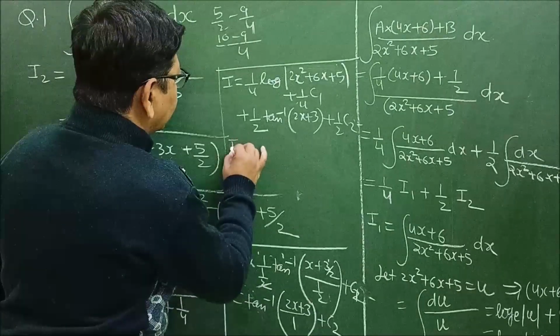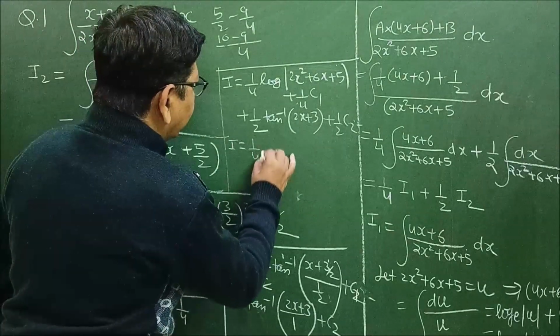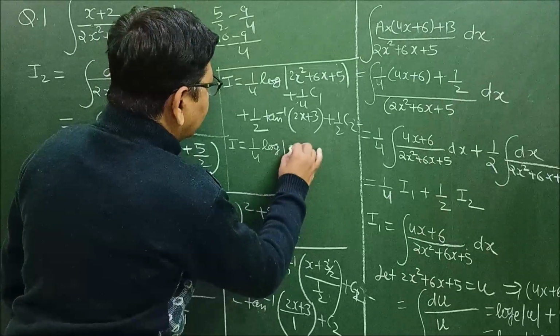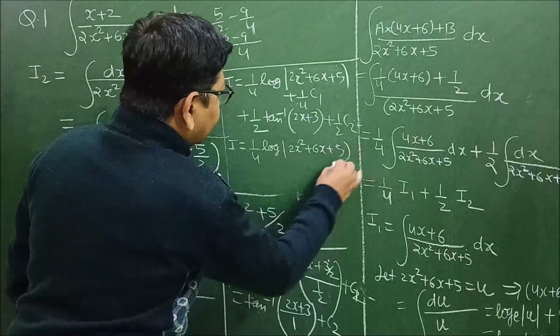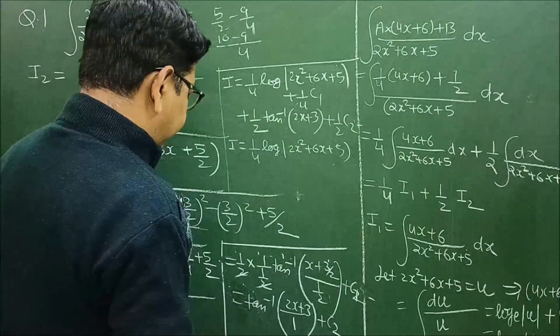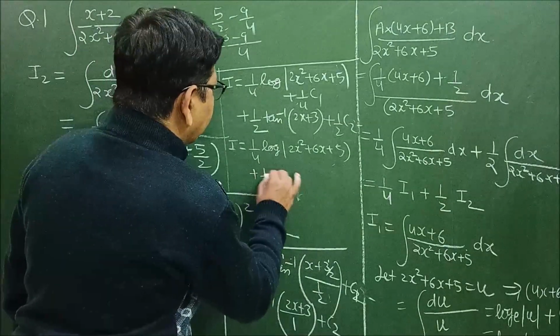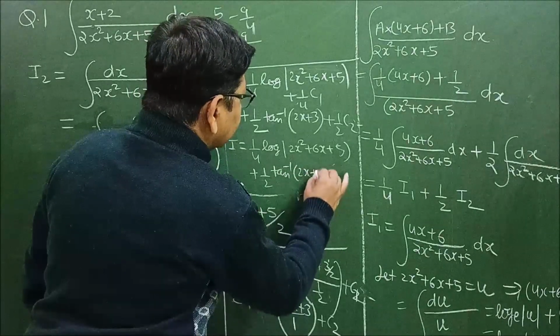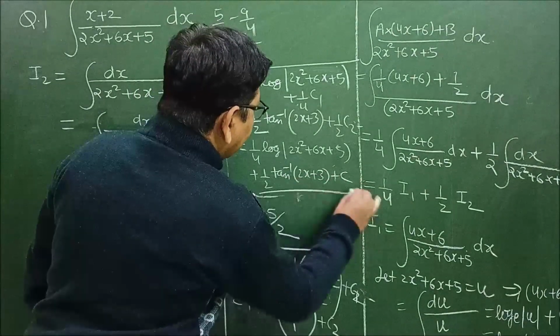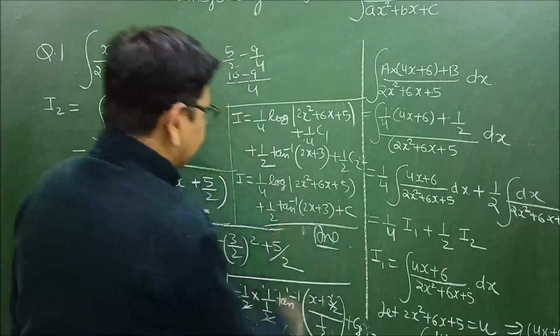So the whole integral is equal to 1 by 4 log mod 2x square plus 6x plus 5 plus half tan inverse 2x plus 3 plus c. So this is the final answer of the question.